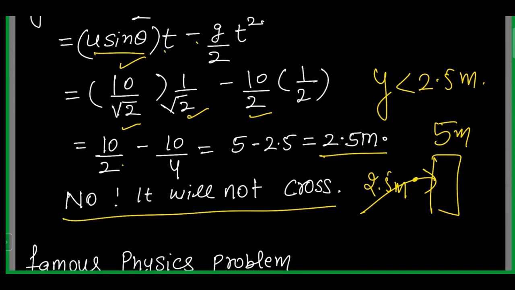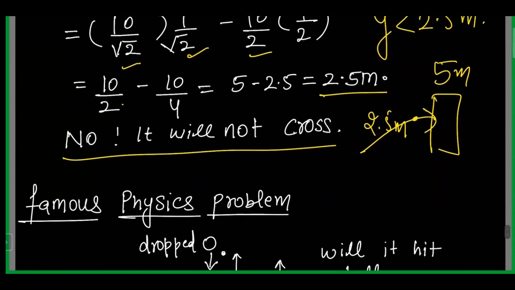I hope you have understood this problem, and many times in your career, especially if you decide to build your career in teaching, or let's say you are giving a talk to some class 11th or 12th students, this problem will always be coming in front of you, because this is one of the famous problems in physics which NEET and JEE aspirants deal with.